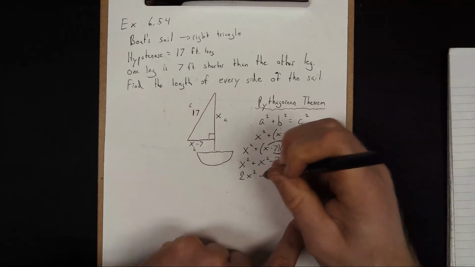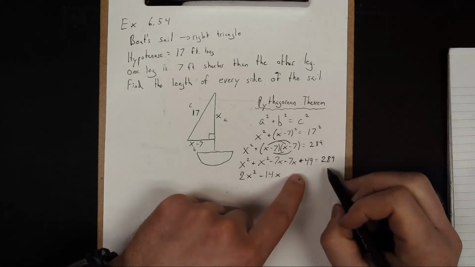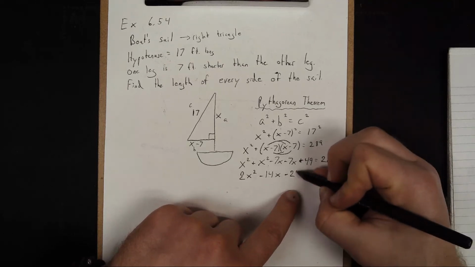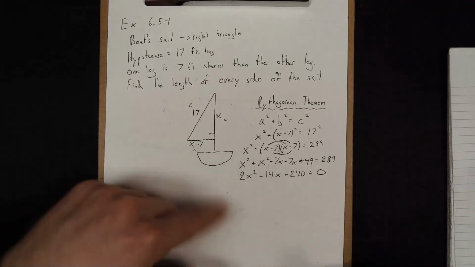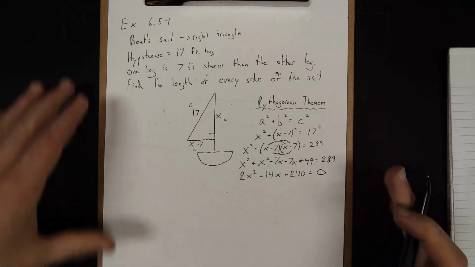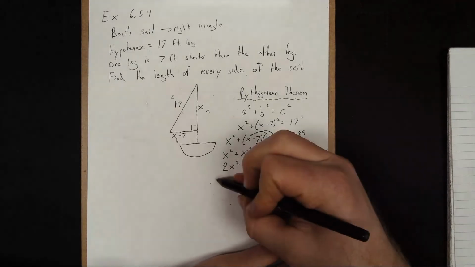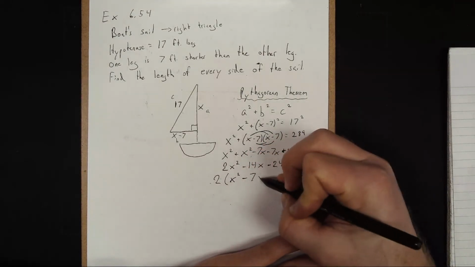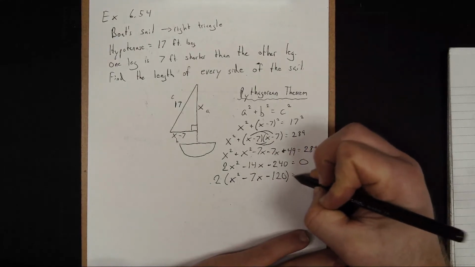These become negative 14x. And if I subtract 289 from 49, I should get negative 240. That is going to equal 0. From here, we're solving like we have been the whole time. They all have a 2 in common, so I can pull out a 2. I get x squared minus 7x minus 120 is equal to 0.